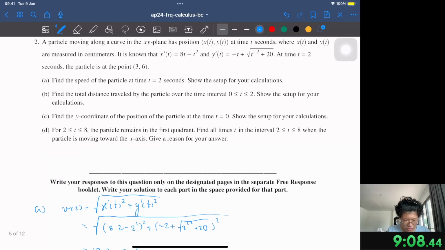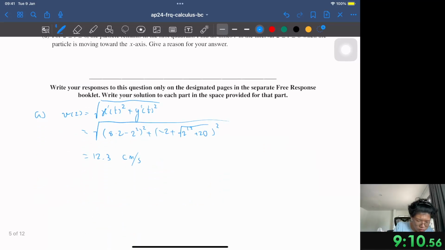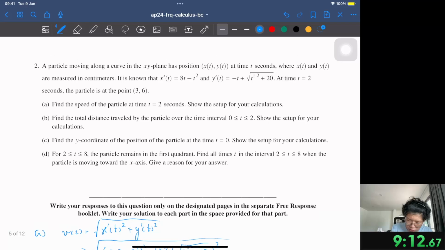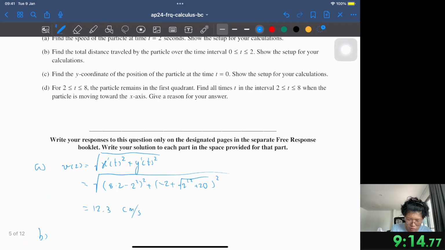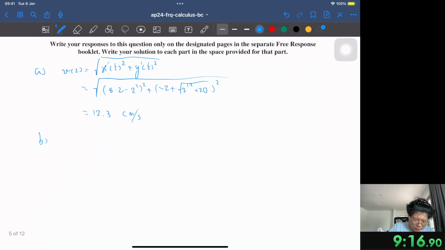And then part B, find the total distance over the time 0 to 2. So the distance is the integral of v at time t dt from 0 to 2. V is the velocity, well, not velocity, it's the speed.